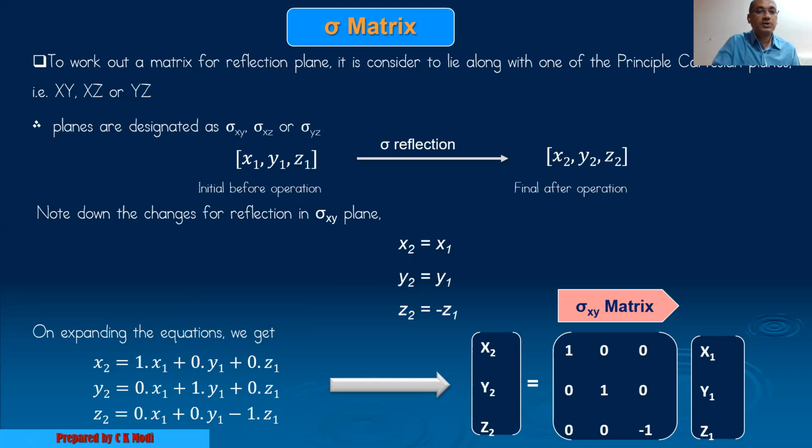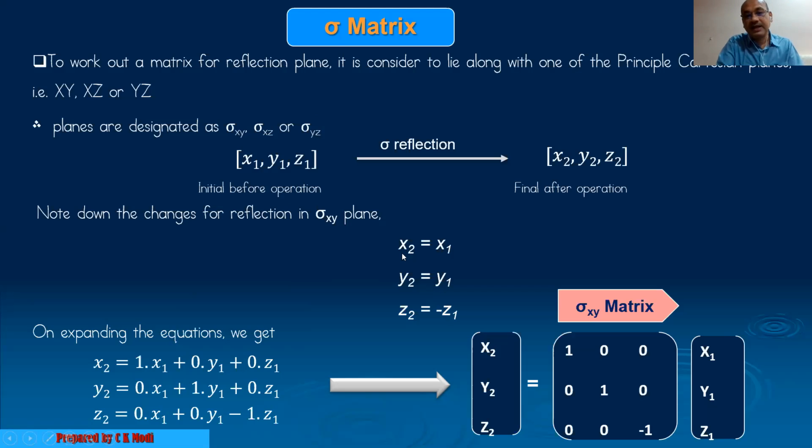We imagine the mirror plane or reflection plane situated in sigma xy, sigma xz or sigma yz. These are the three initial coordinates x1, y1 and z1 before the operation. If we perform the sigma reflection, we get three new coordinates x2, y2 and z2. Note the changes for reflection in the sigma xy plane. The reflection plane consists of x and y, so z becomes minus z.